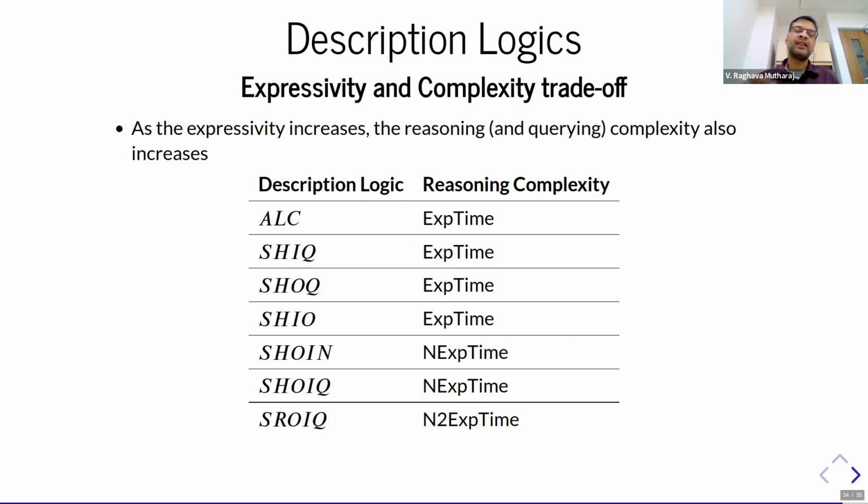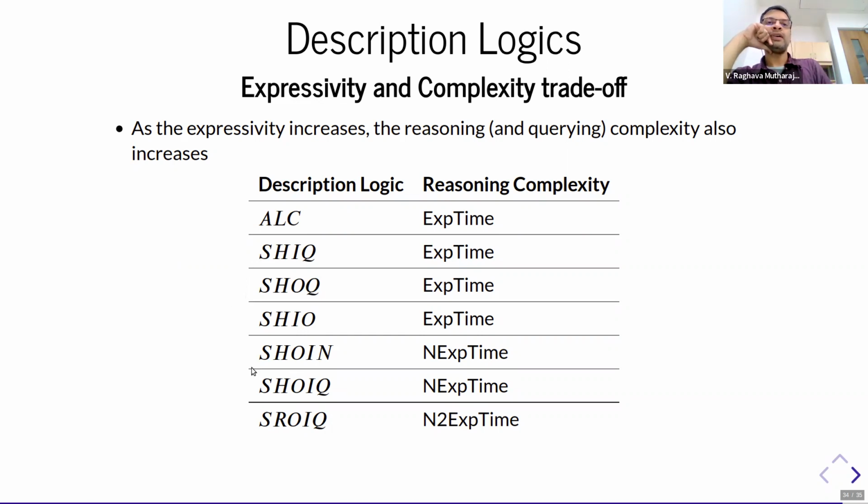So they proposed a subset of these things. Let's say we take a subset of ALC itself and use it for creating these knowledge bases. The way these are pronounced is you just pronounce it the way it is written: SHIF, SHOF, SHIO, SHIN, SHOIN, and SHROIQ.